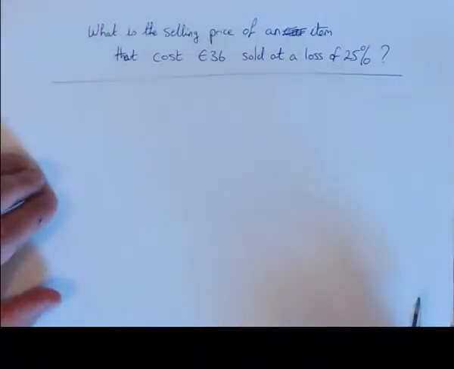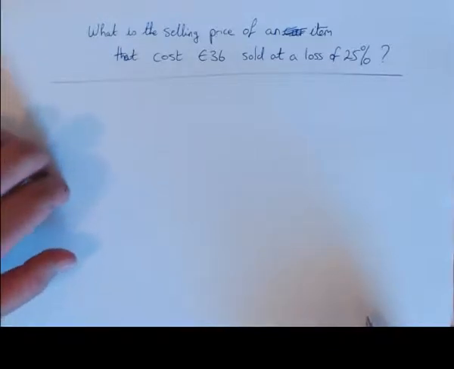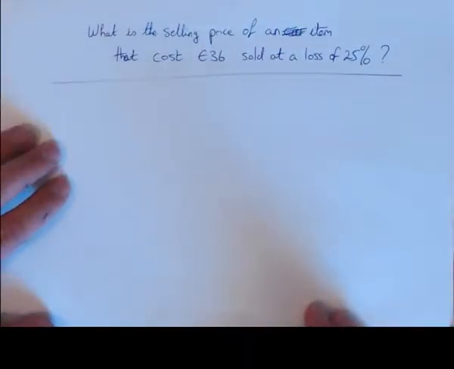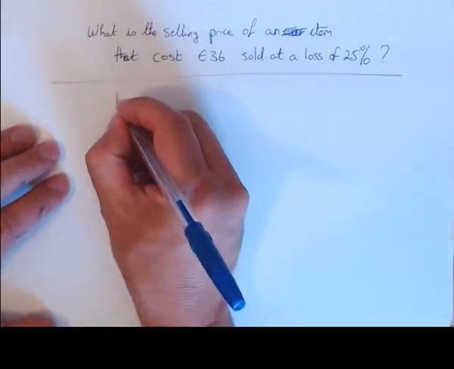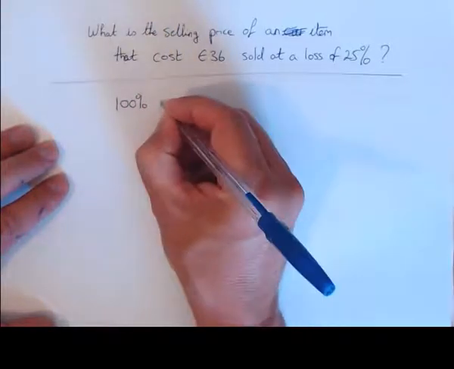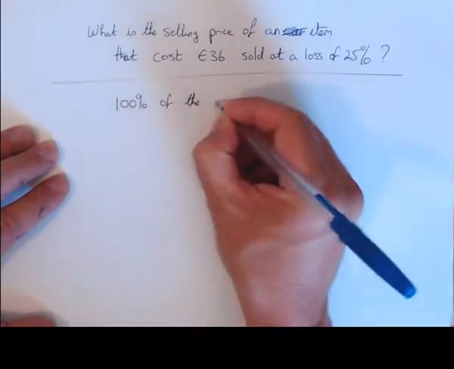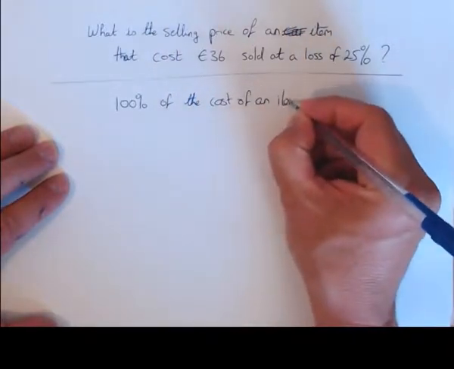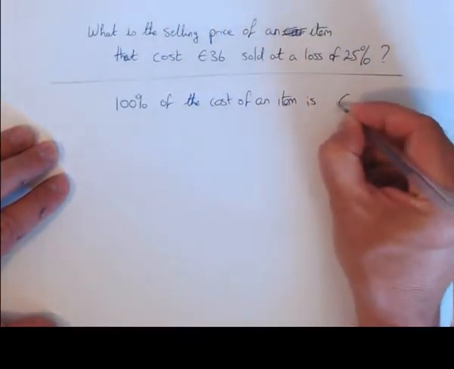So we're looking at normal percentages again. We're asked in this question, what is the selling price of an item that cost €36 and is sold at a loss of 25%? In this question we're saying that 100% of the cost of an item is €36.